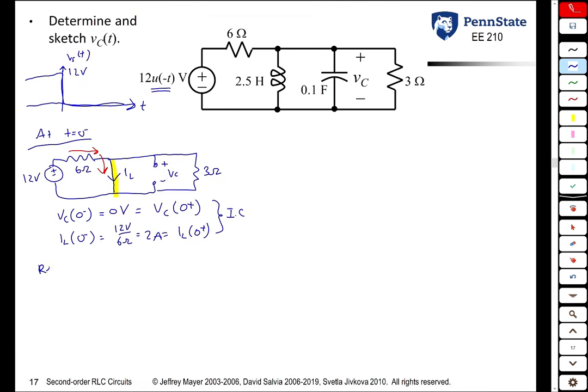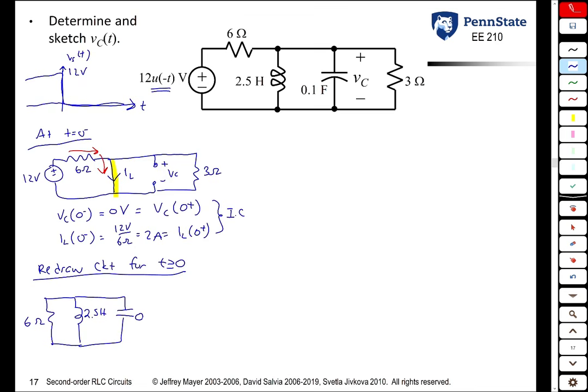You now redraw the circuit after the change. The voltage source now shuts off. The inductor is no longer a DC short. The capacitor is no longer a DC open circuit. So we get that.